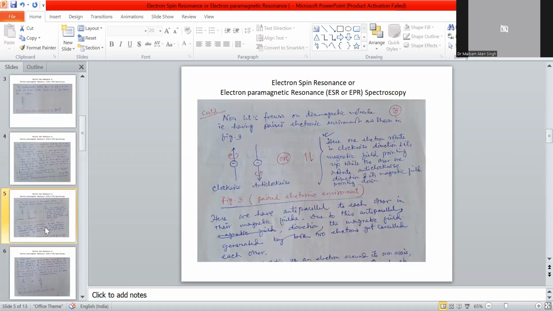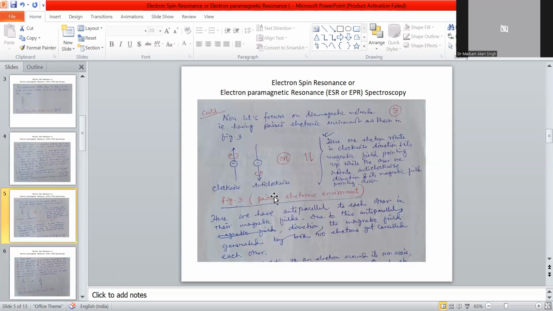You can see from figure 2 the clockwise rotation with its magnetic field pointing up, while the anti-clockwise rotation has its magnetic field pointing down.